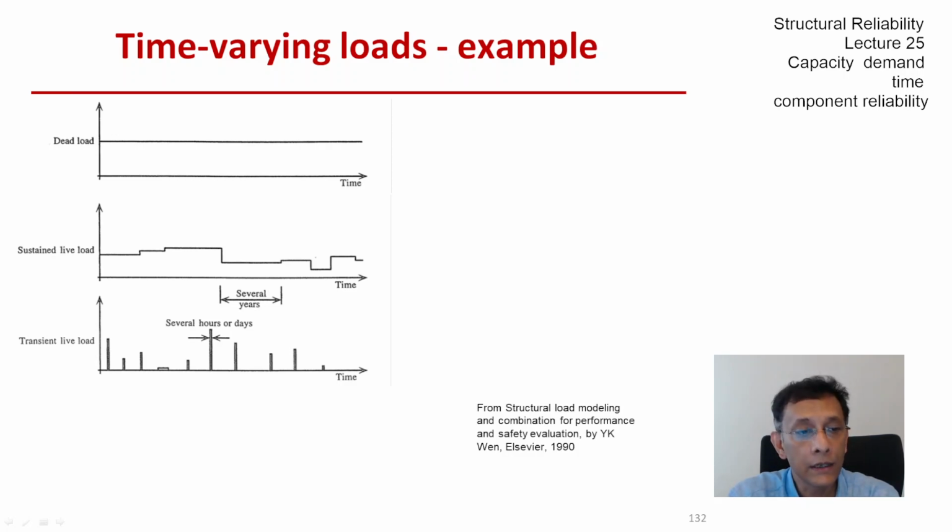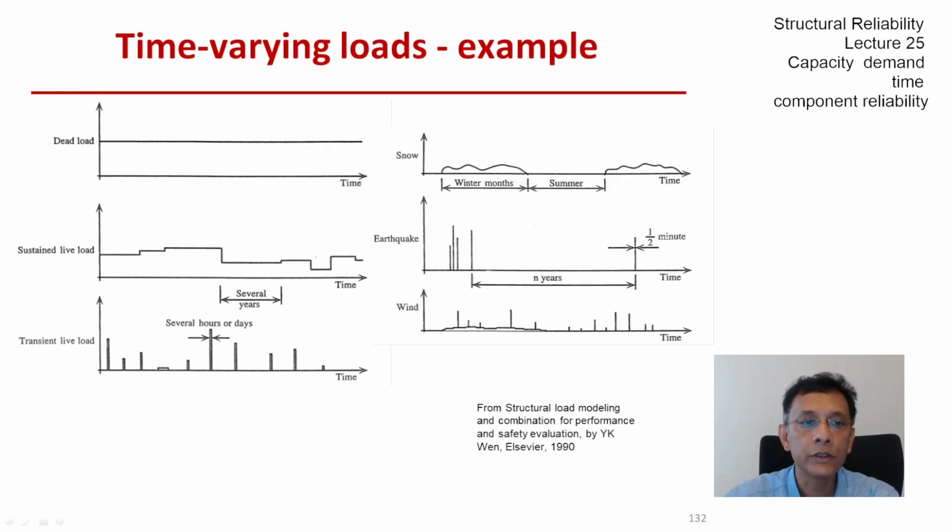There could be transient live loads of the order of hours or days, or even seconds and minutes. For example, if we are talking about trucks on a bridge, then each such heavy truck would be present only for a second or a few seconds.